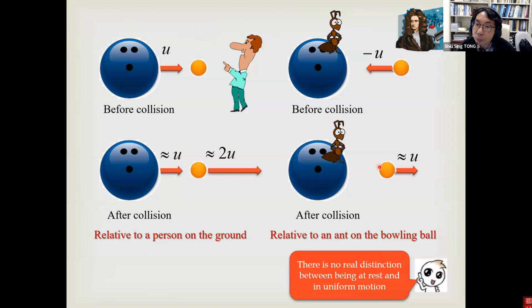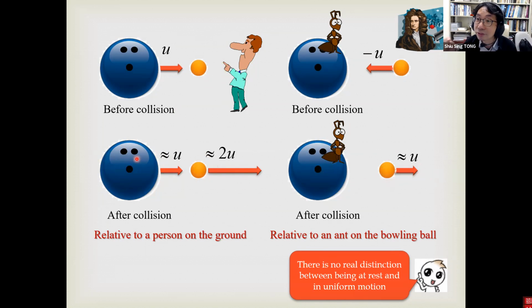Now, so how do we go back to this situation? If I look at this phenomenon not from the point of view of the observer on the ball, but from the point of view of the person at rest on the ground, I have to add the velocity u to this system. And after adding the velocity u to each of these bodies, I come up with this situation.